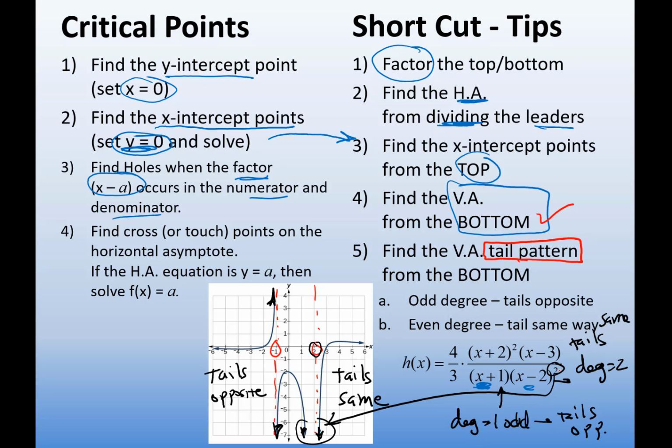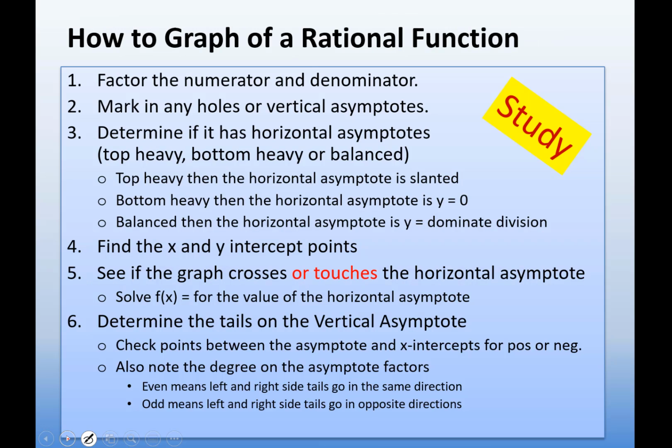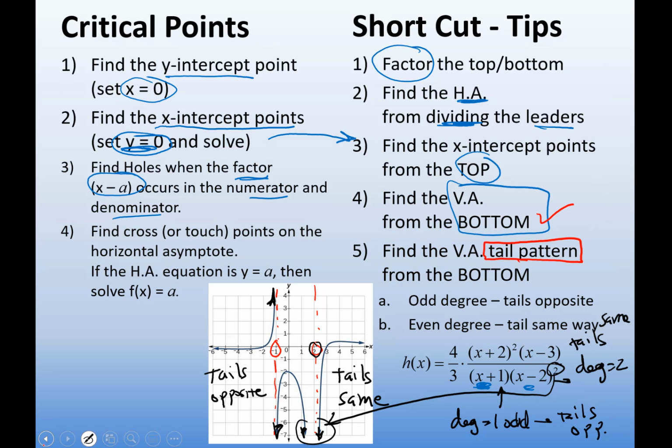Okay, we're going to do several examples now. And I encourage you to go back. Oh no, I have one more slide here. I broke down the steps of graphing. Actually, it's from the book. It gives you a series of steps here, things to work your way through to make sure you're creating a good graph of a rational function. Now, I want you to take these 2 slides and go back and study these. And then when we're doing a problem, go back again and correlate each step from this page and this page.